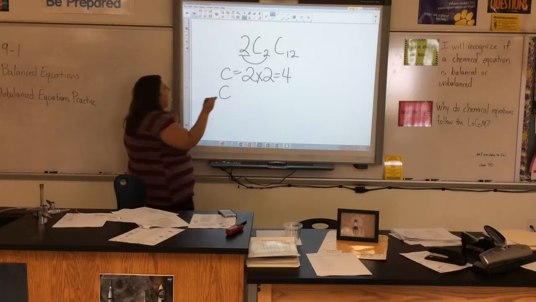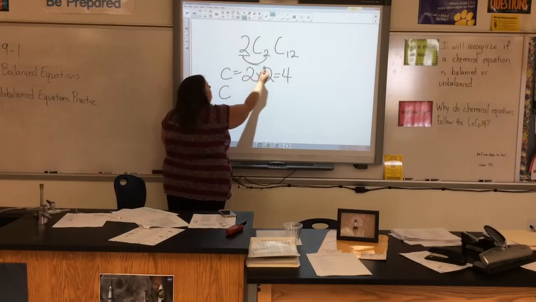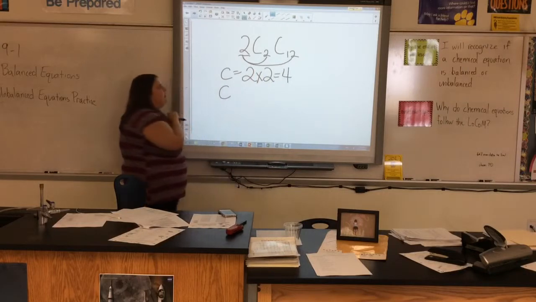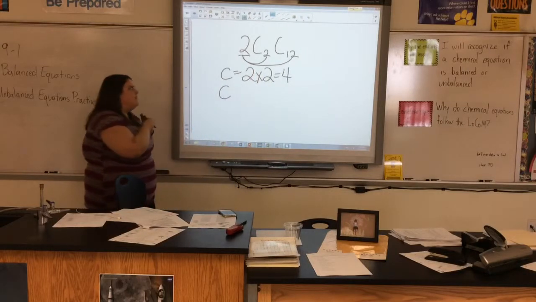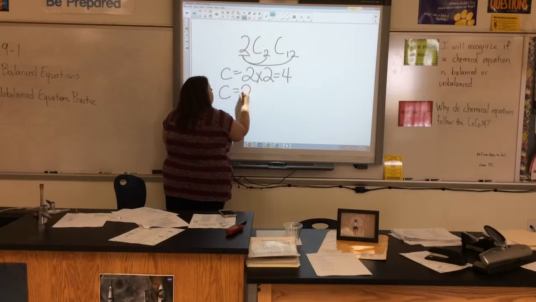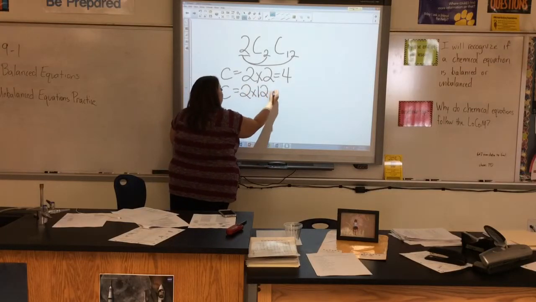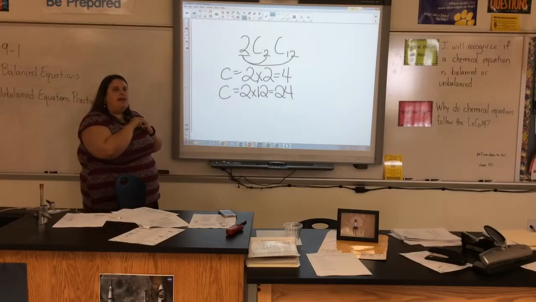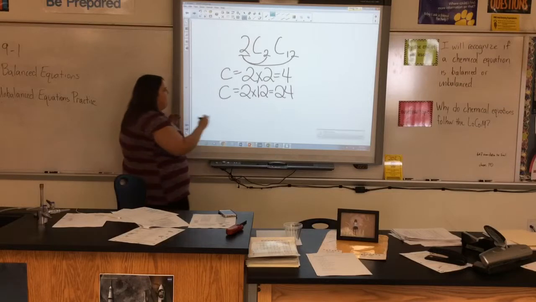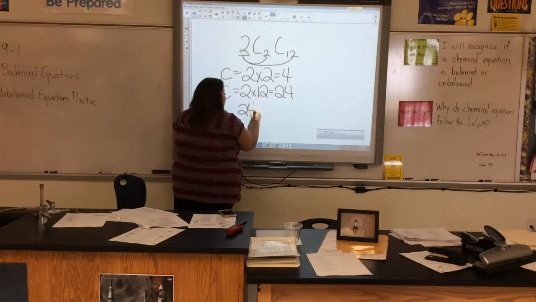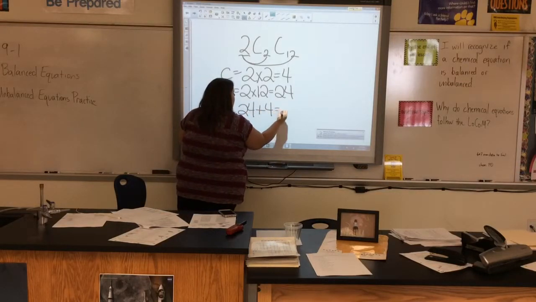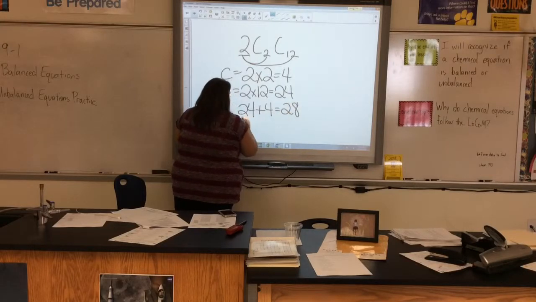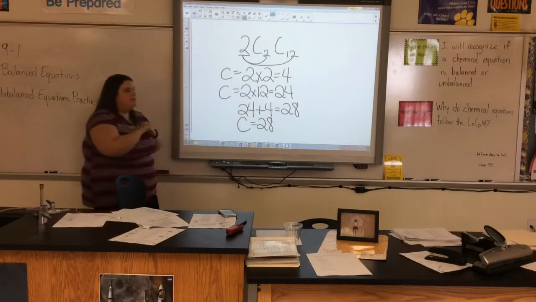For my next C, I have a coefficient of 2 and a subscript of 12. So I have to multiply those together. So 2 times 12 equals 24. And to figure out how many total atoms of carbon I have, I have to add those together. So 24 plus 4 equals 28. So for carbon, there are 28 total atoms present.